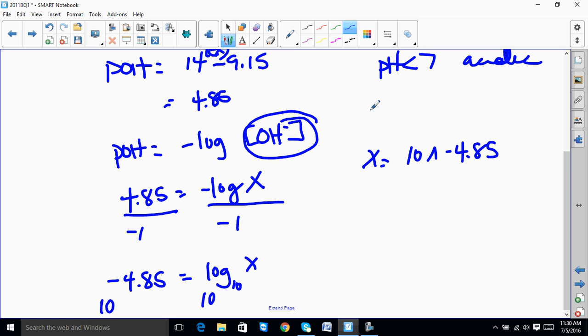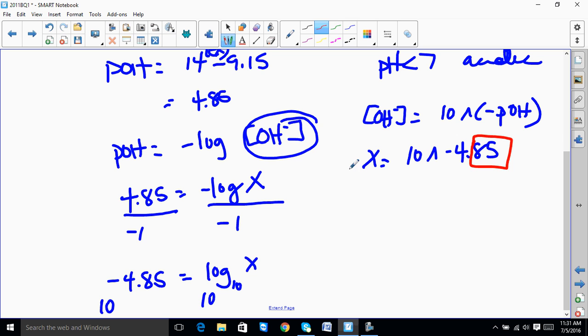Maybe last year you learned the formula this way: OH minus is always 10 to the negative pOH. Remember, sig figs are weird on pH because only the numbers after the decimal point count. And so X comes out to be 1.4 times 10 to the -5 molar.